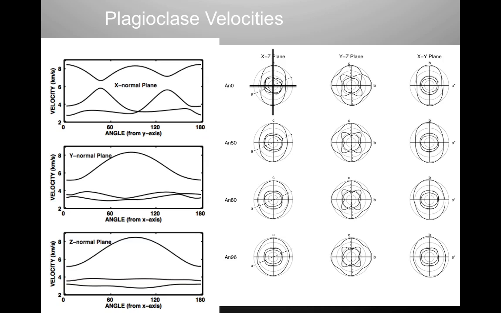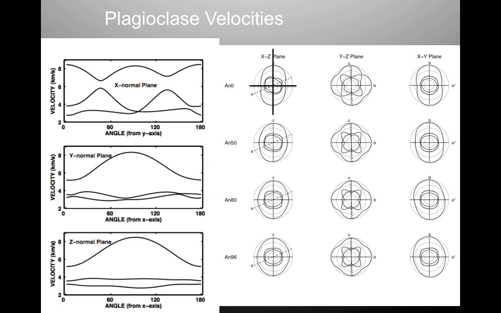And you can see similar trends as you go to the YZ and the XY plane. Interesting on the albite is that the velocities go as high as over 8 kilometers per second for compressional waves, and as low as in the Y normal plane you can see velocities down to 5 kilometers per second.